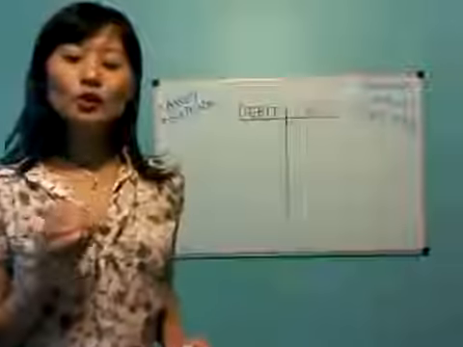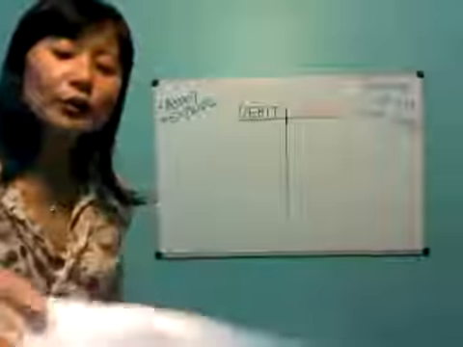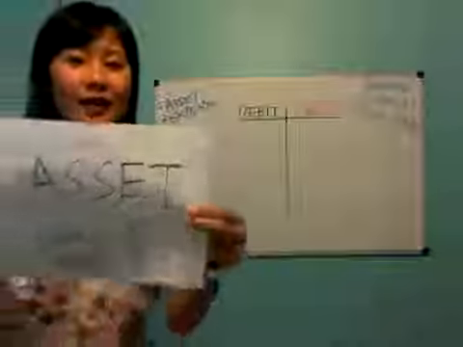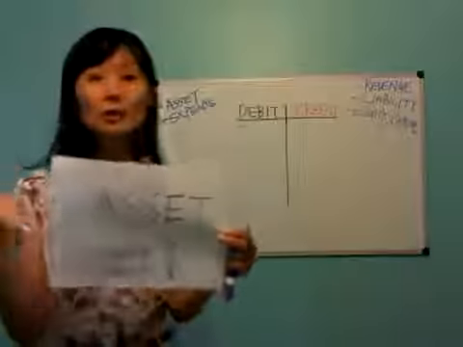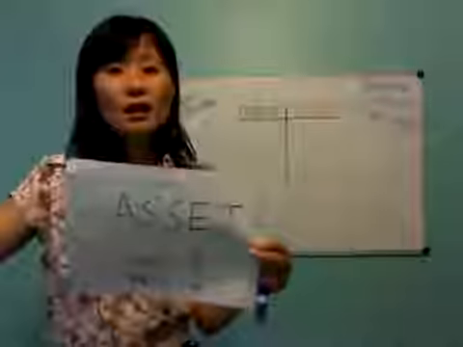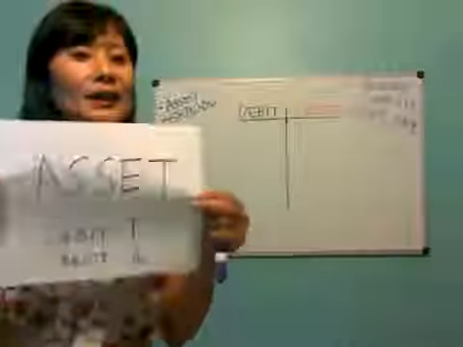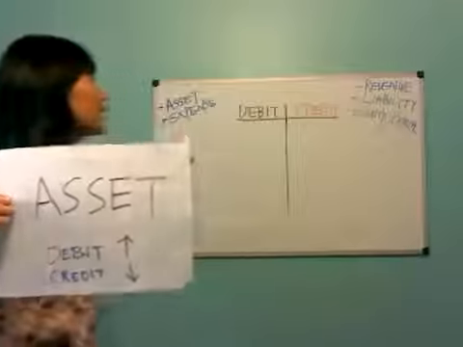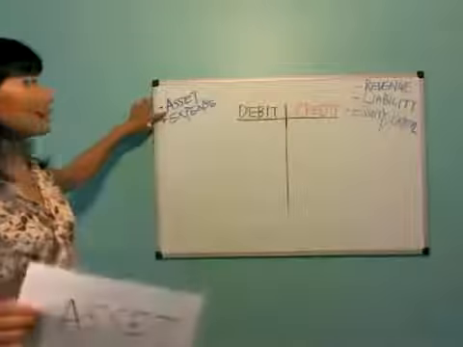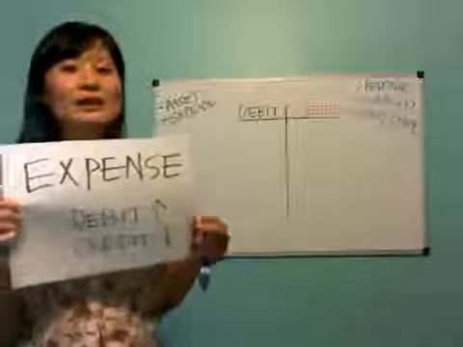If I am to enter a business transaction that has to do with, say, an asset account, what could be under asset account? Cash, maybe, equipment, building, land, car, all that could be an asset. Or an expense account. What could be expense?